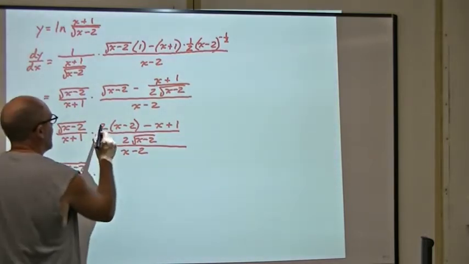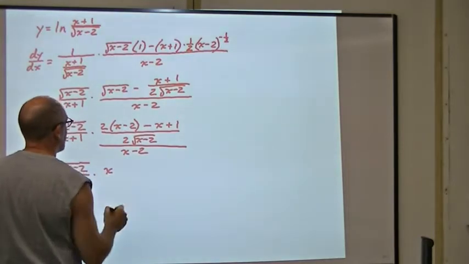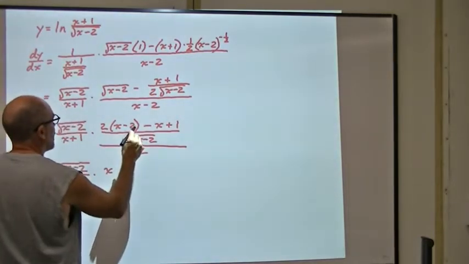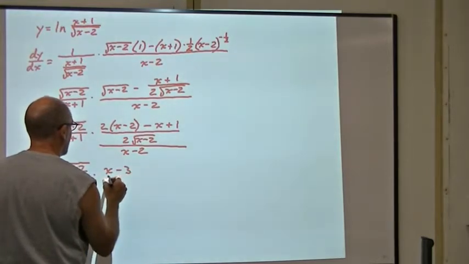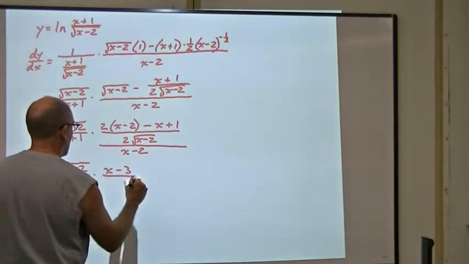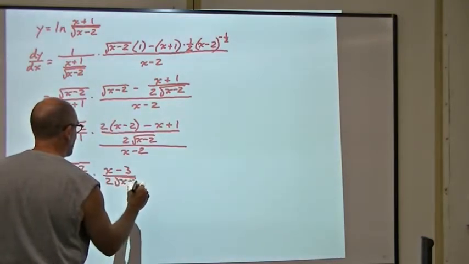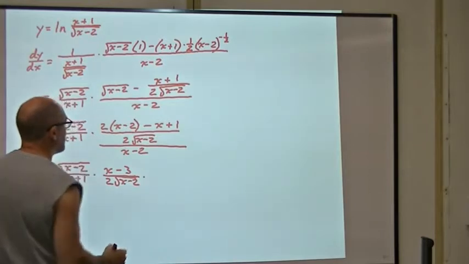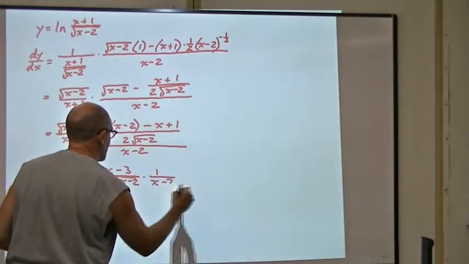All right, so 2x minus x is 1x, and then negative 4 plus 1 is negative 3, all over 2 square root of x minus 2, and then let's just multiply this by 1 over x minus 2.